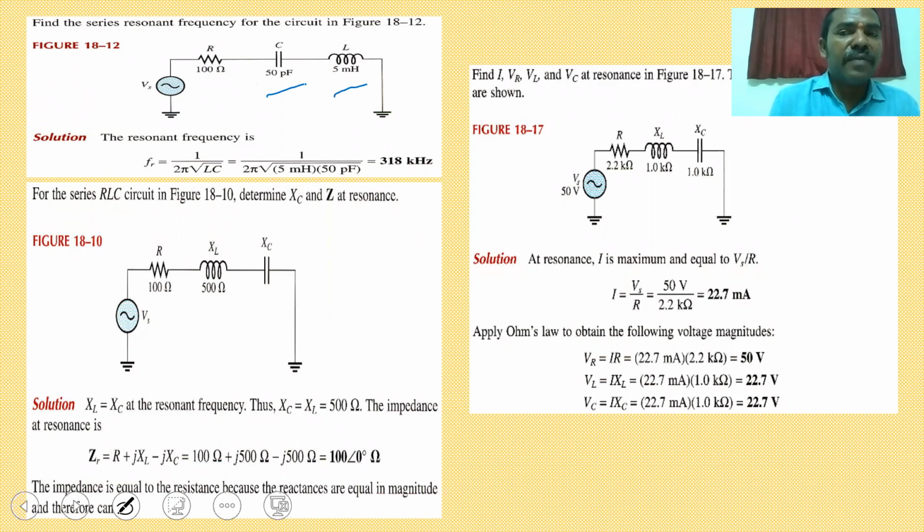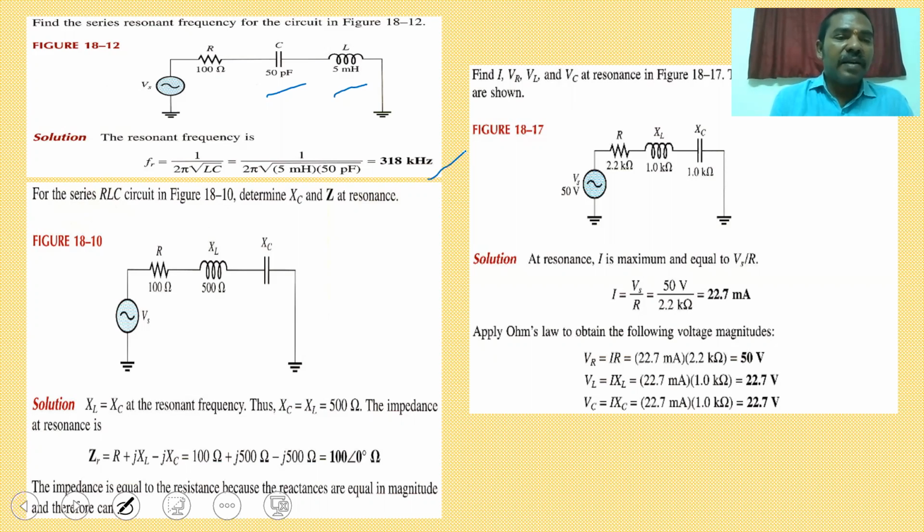The resonating frequency F naught is equal to 1 by 2 pi root LC. So L is equal to 5 into 10 power minus 3 and C is 50 into 10 power minus 9. By substituting that, you can get 318 kilohertz.